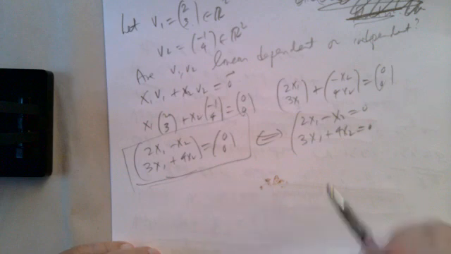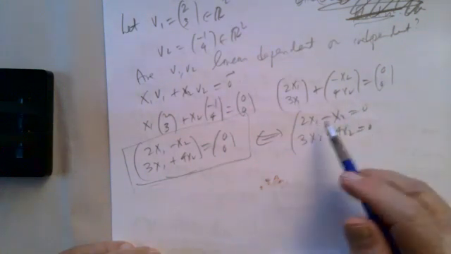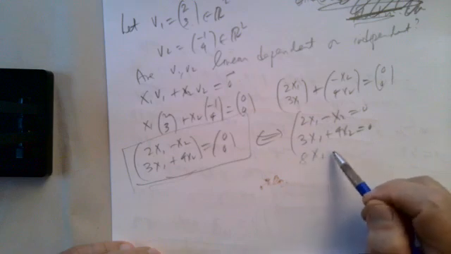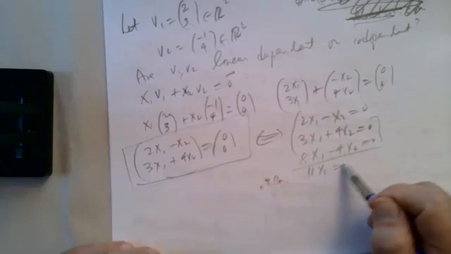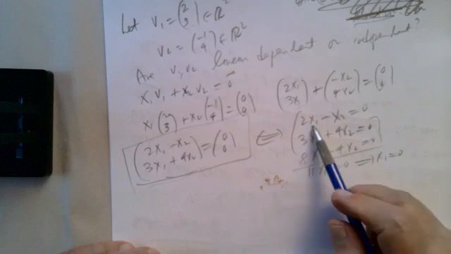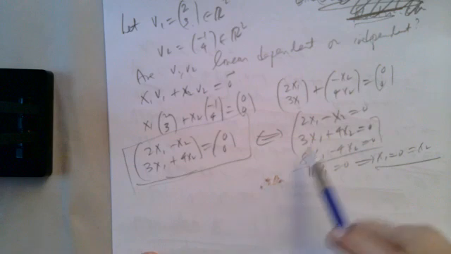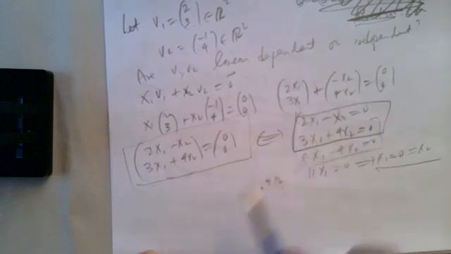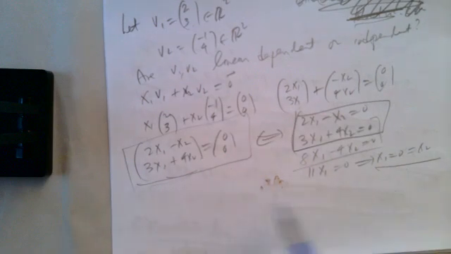Well, you just use your high school algebra. If 2x1 minus x2 is 0, let me multiply by 4. 8x1 minus 4x2 equals 0. I add these equations, I get 11x1 equals 0. So x1 has to be 0. And if x1 is 0, x2 is 0. So by looking at these two equations and two unknowns, I solve them. And the only solution is x1 equals x2 equals 0.